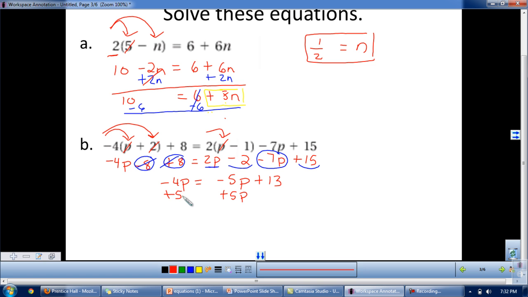Add 5p here. Simplify. Negative 4p plus 5p is just 1p, or just p. Bring down the equal sign. These two cancel out, leaving us with 13. So p equals 13 is the solution to our equation.